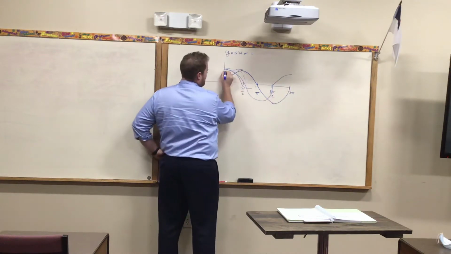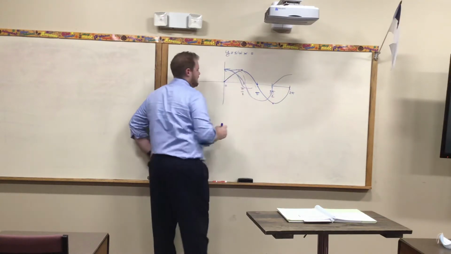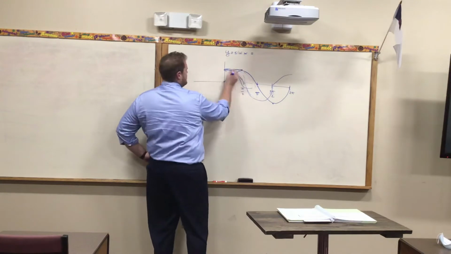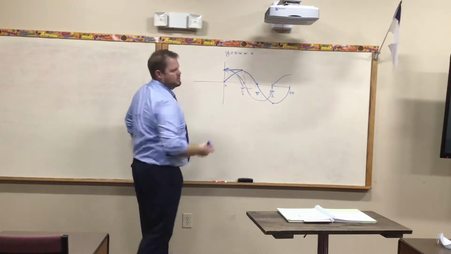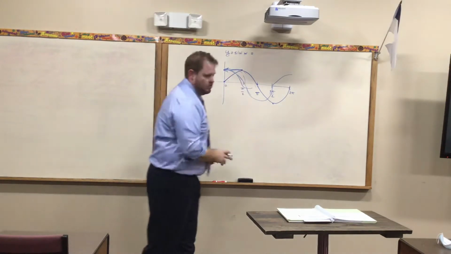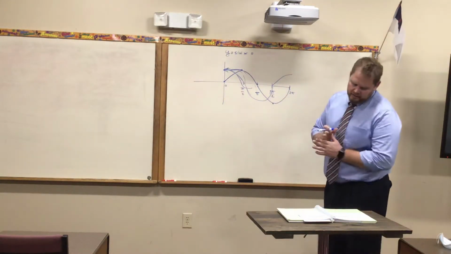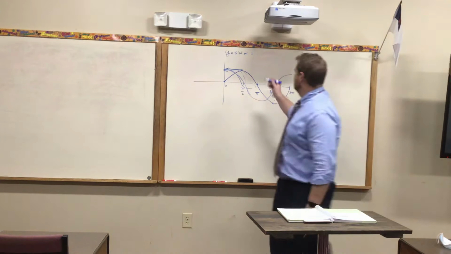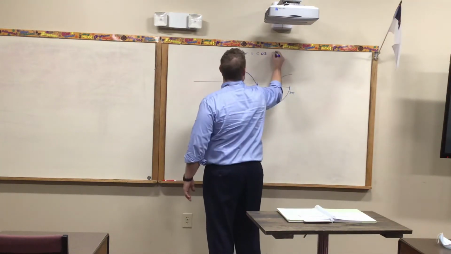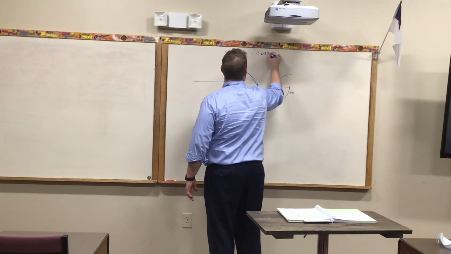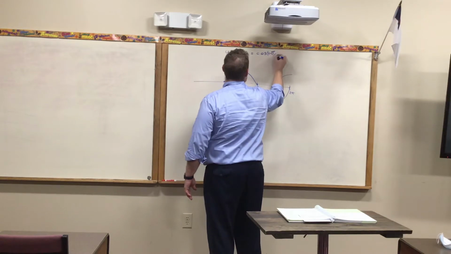So what would this wave be? That would be a cosine wave. So what had to change? I had to move it how much? Pi over 2, right? So cosine x is equal to sine of x minus pi over 2.